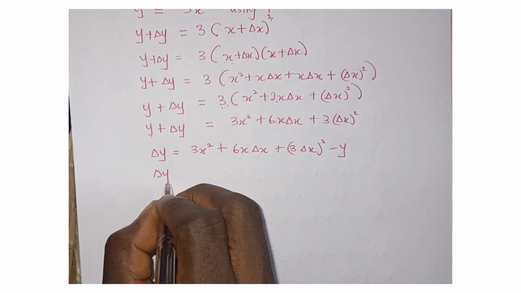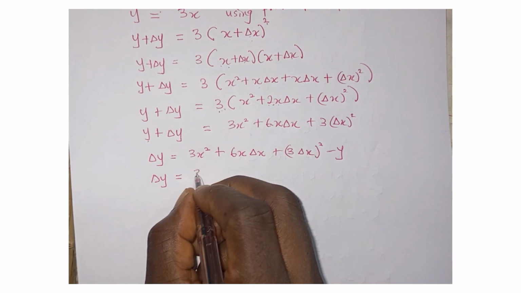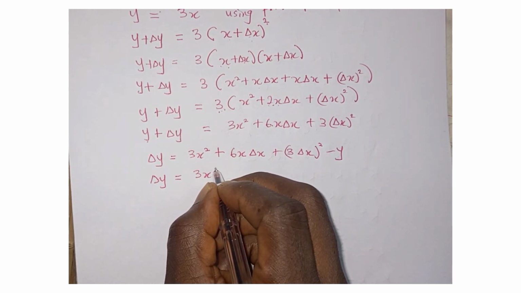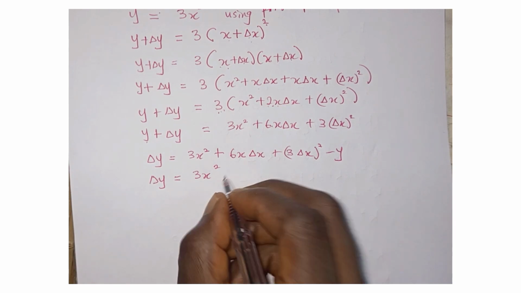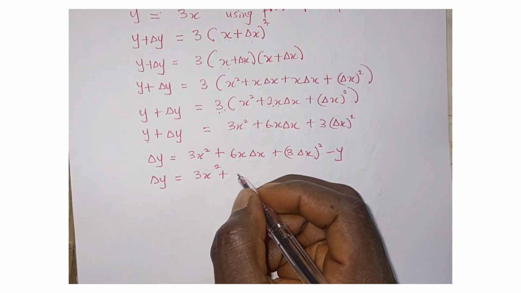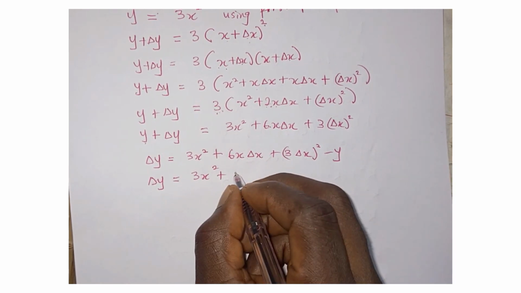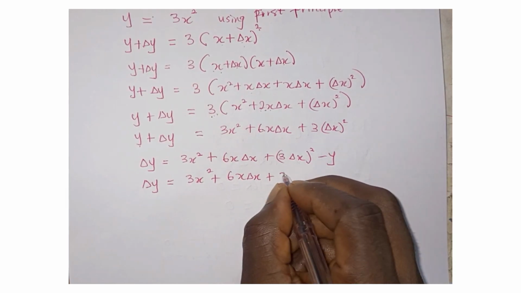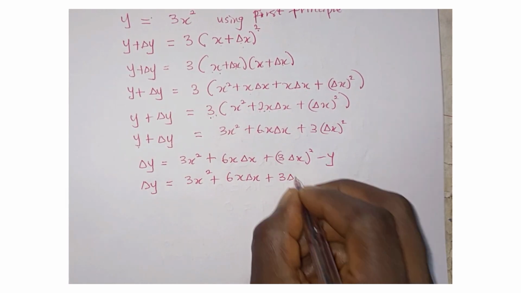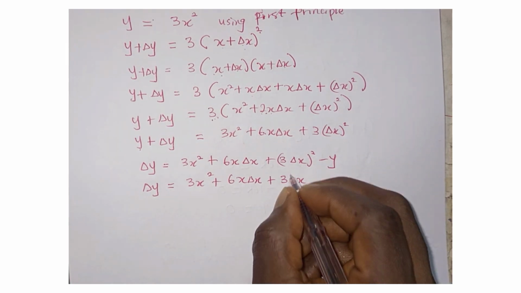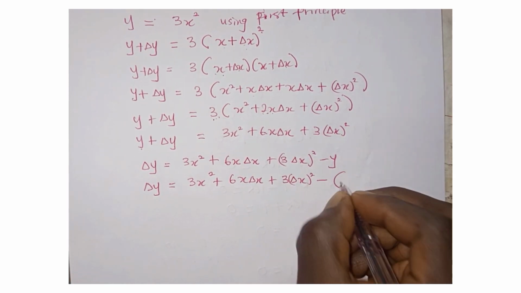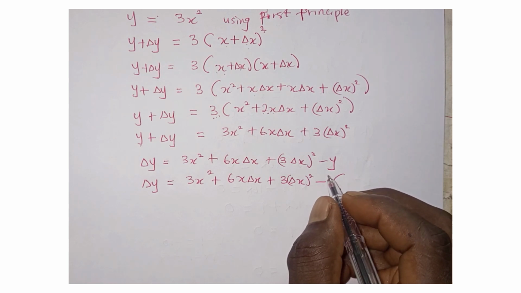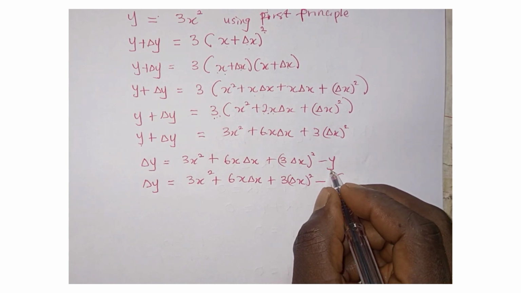So change in y will now be equal to 3x squared plus 6x change in x plus 3 change in x all squared minus y. Now, what is y? From the given question, my y is 3x squared. I will now substitute y as 3x squared into this.